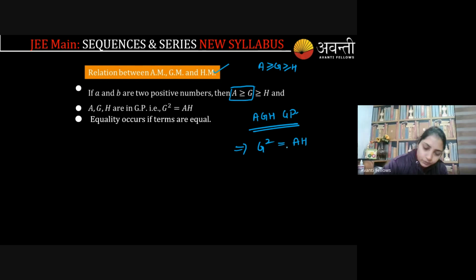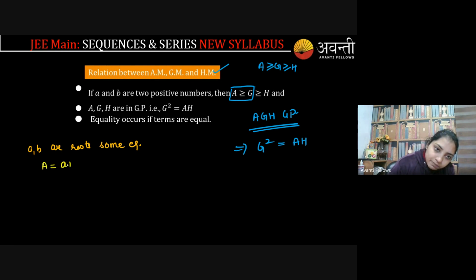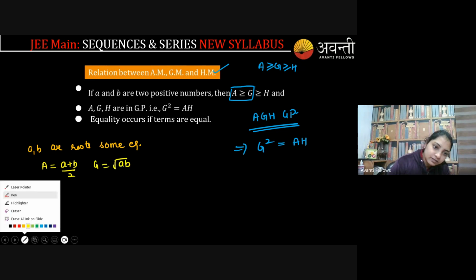Yes, ma'am. Okay. One more thing I want to tell you, that if A and B are roots of some equation, right? Yes or no? If A and B are roots of some equation, then you can say that arithmetic mean is A plus B by 2 and geometric mean is root AB. Agree everyone? Yes, ma'am.